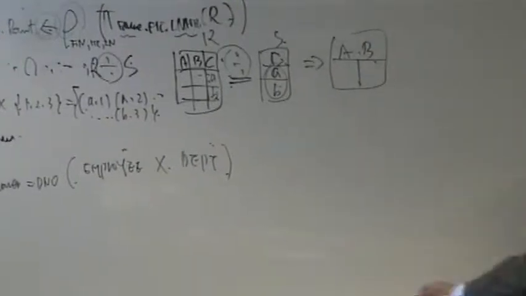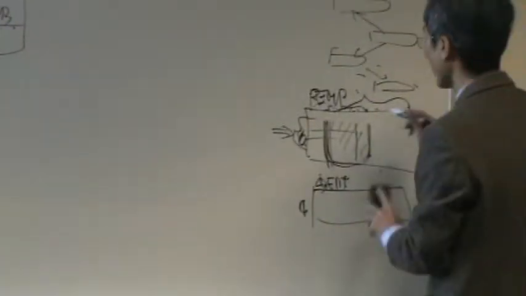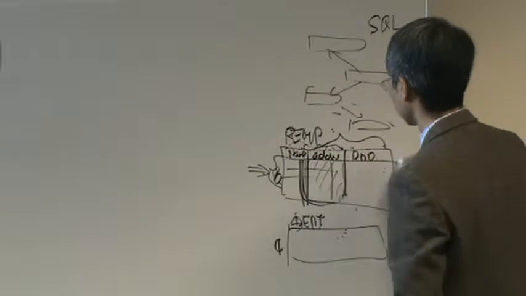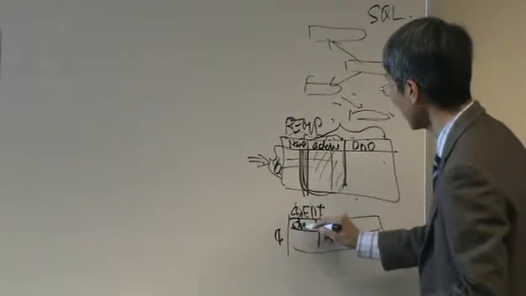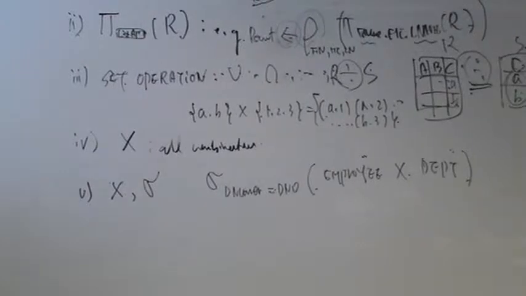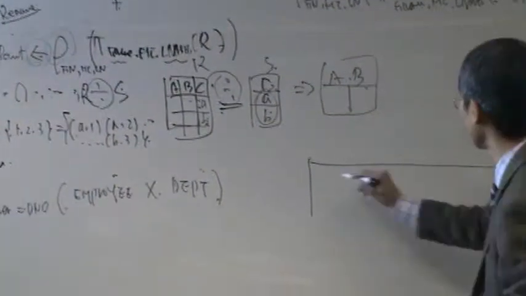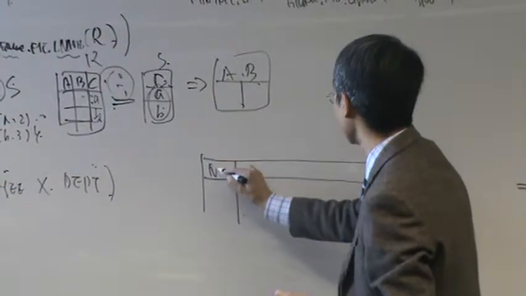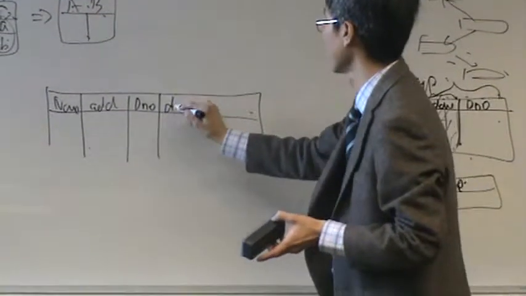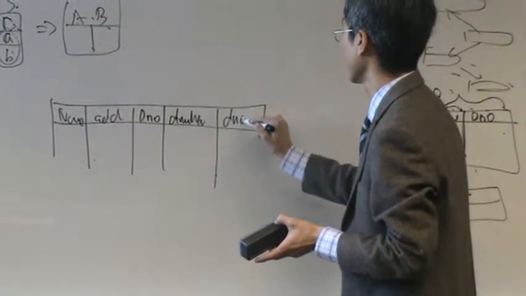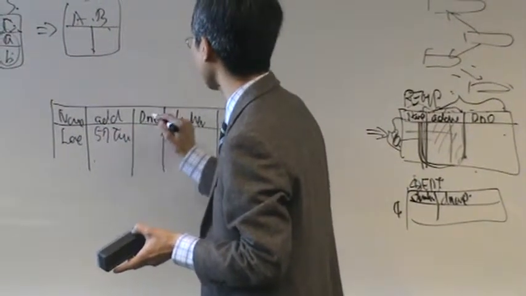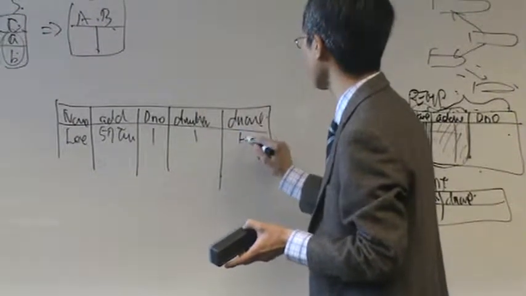So let's say, suppose that we have the employee, we have the name, address, and D number, DNO. Okay? And also department, we have the D number, D name. When we first Cartesian product employee by department, it will be like first name, address, DNO, plus D number and D name. Then, for example, we have the name Lee, address 57 Tower View, and DNO is 1, D number is 1, D name is HR.